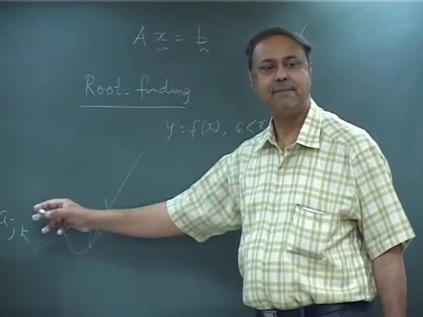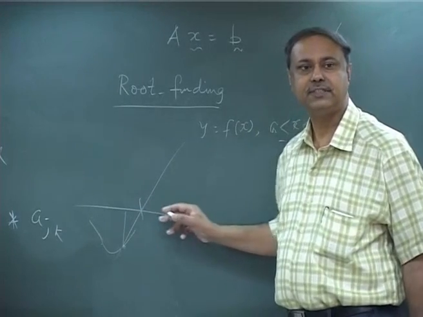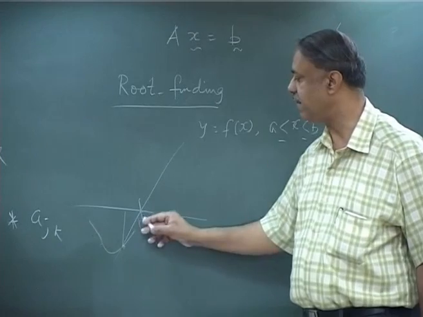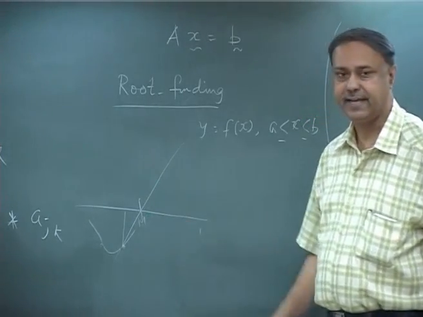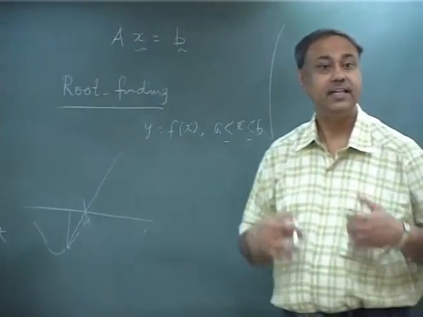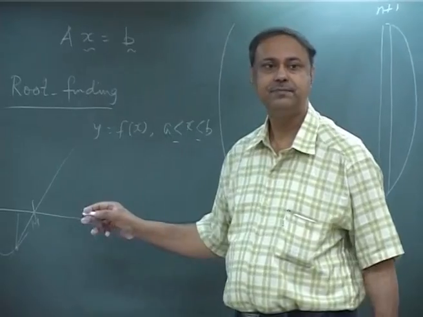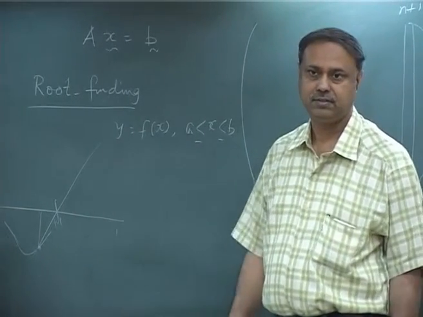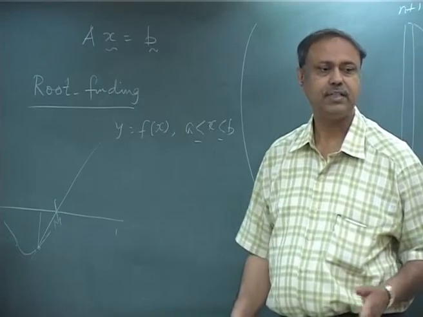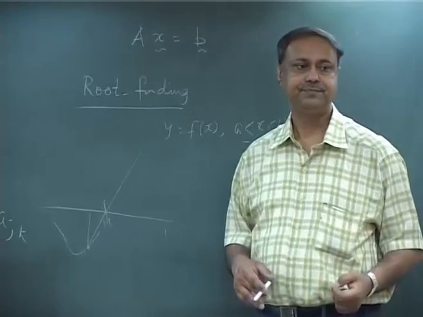If you find this is greater than 0, then the root is lying on this side. So you will start from M and B, this becomes your A, and again you divide and so on, till you get the root, or the distance between these two is very small. Range is very small, because after that you find that it is not convergent.